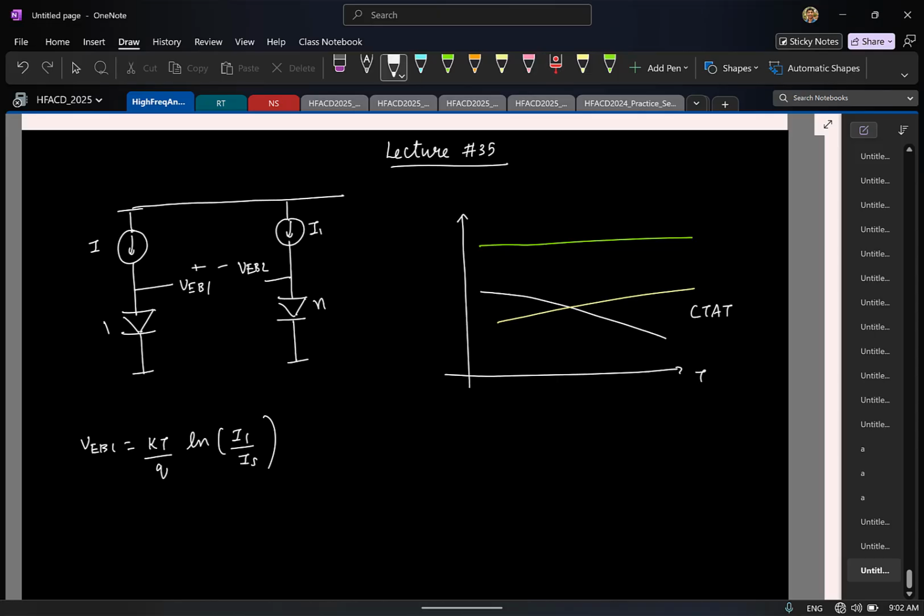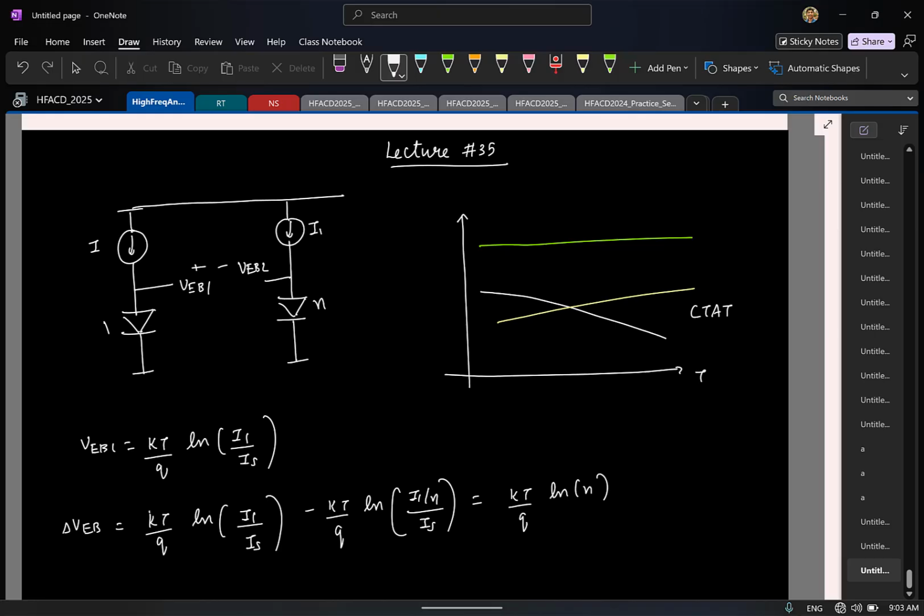And if you now find the voltage between this, if I call it delta VEB, that will be kT by q ln of I1 by Is minus kT by q into ln of the current flowing through a single diode, which is I1 by N by Is. So you simplify it, you get it as kT by q natural log of N.